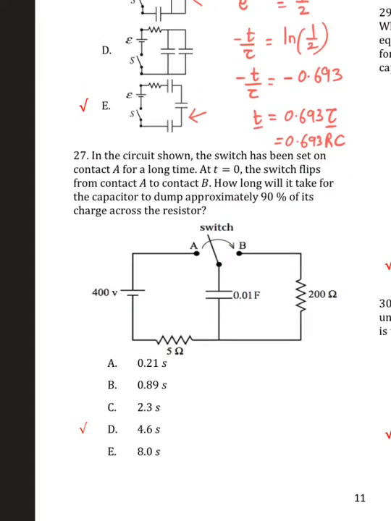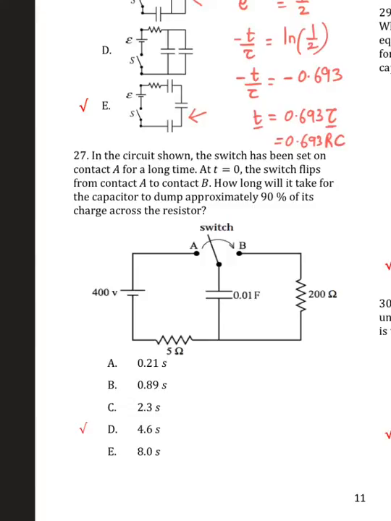Okay. In the circuit shown, the switch has been set on contact A for a long time. At t equal to 0, the switch flips from contact A to contact B. How long will it take for the capacitor to dump approximately 90% of its charge across the resistor?